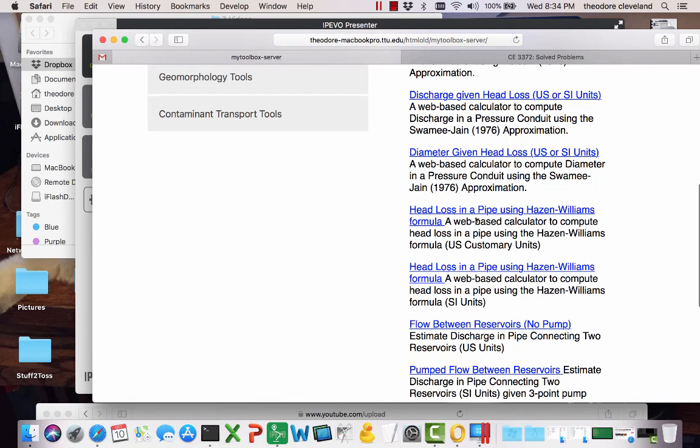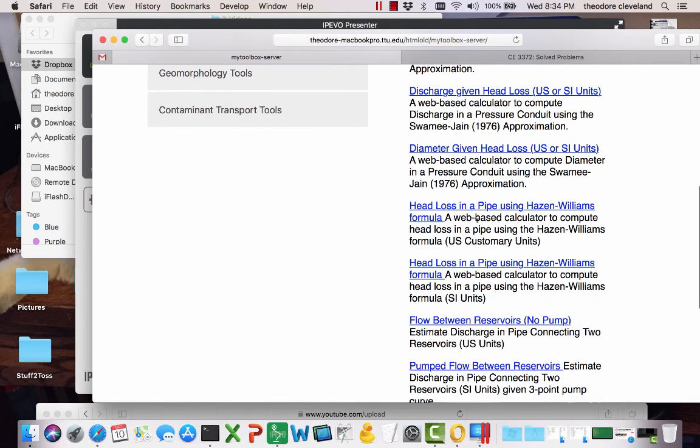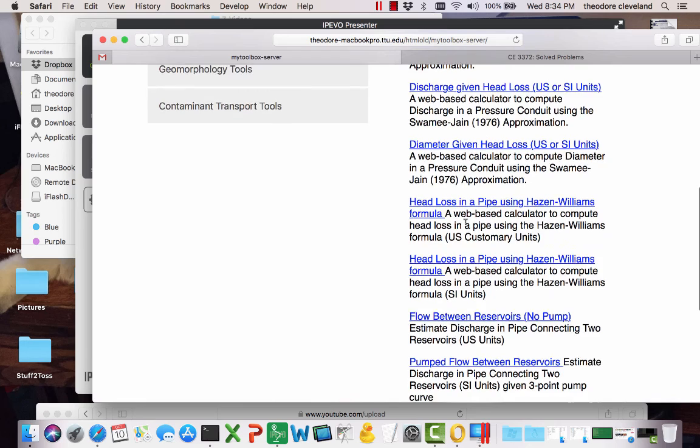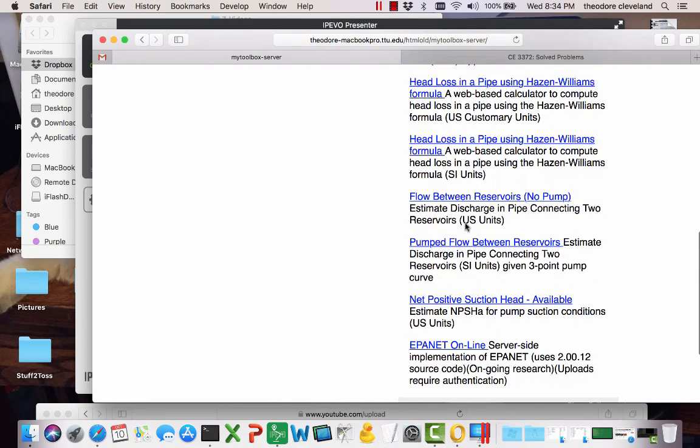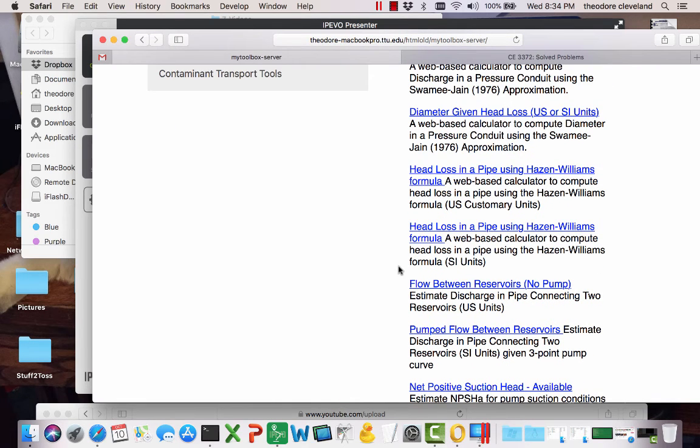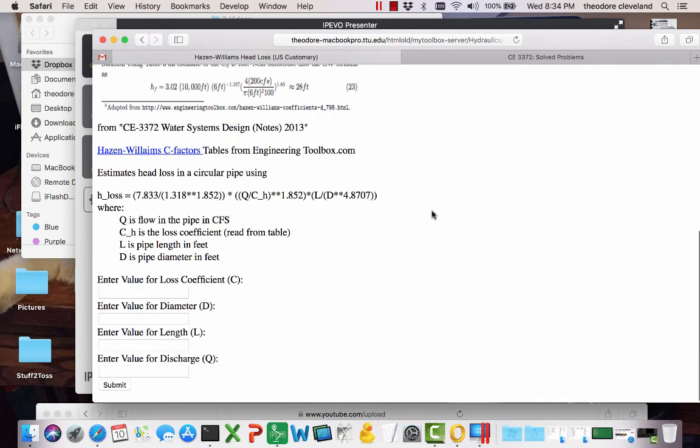Okay, so here is a calculator for head loss.